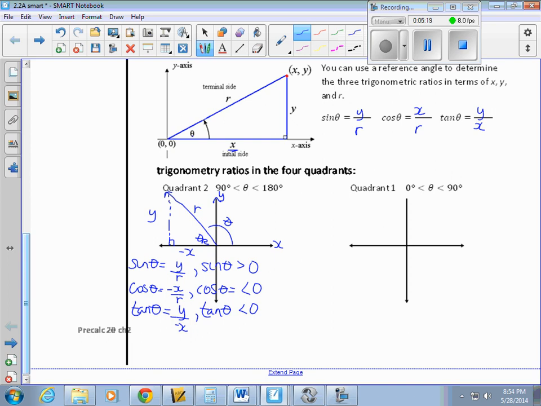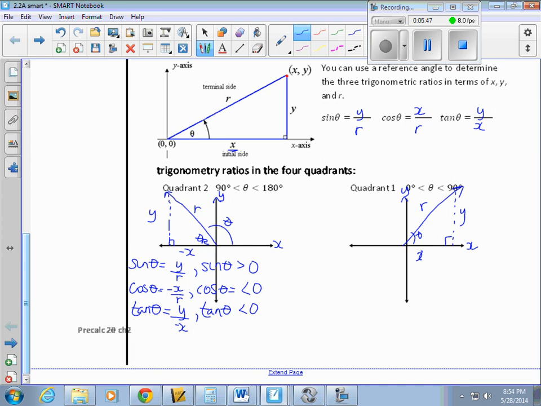So in quadrant 1, if it's between 0 and 90, so again, this is your x, this is your y, that's your terminal arm, this is angle theta. I drop down a perpendicular side. Taking a look at this, I know that this is x. I know this side is y because it's measuring the length of y.